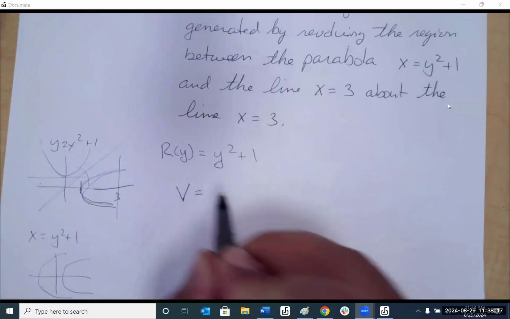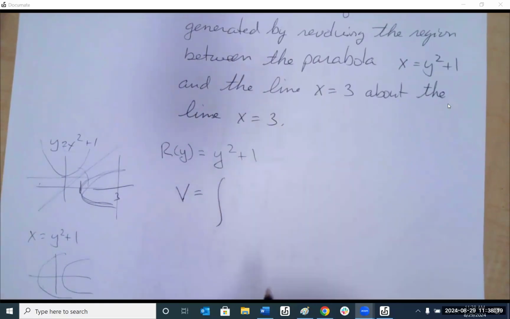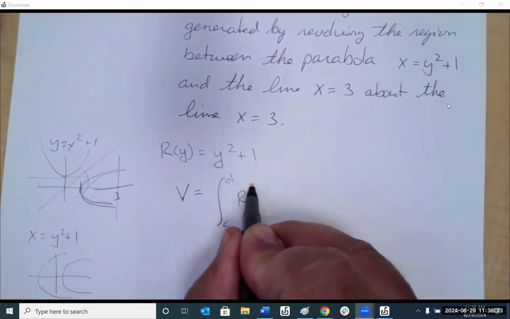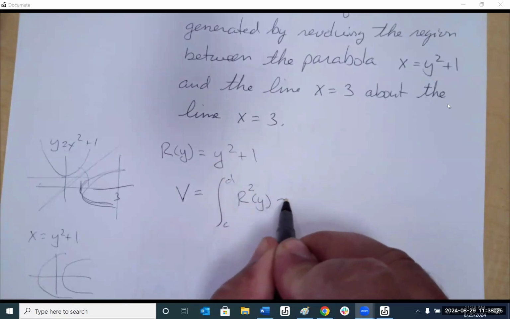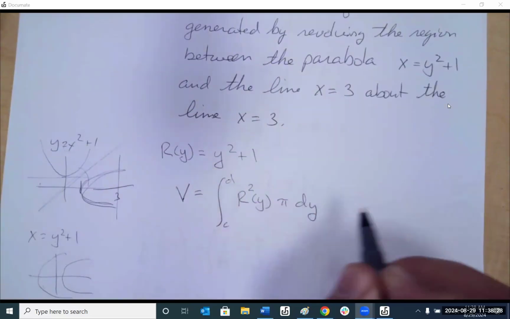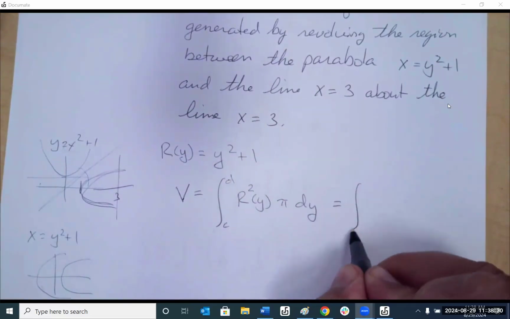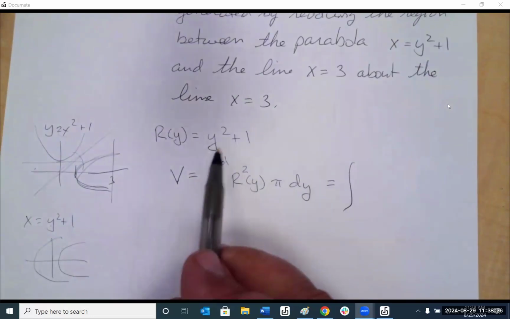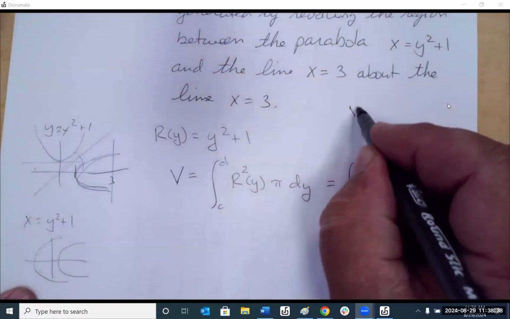So our volume formula goes from where to where? Using our formula here.